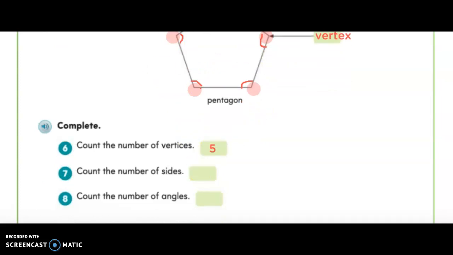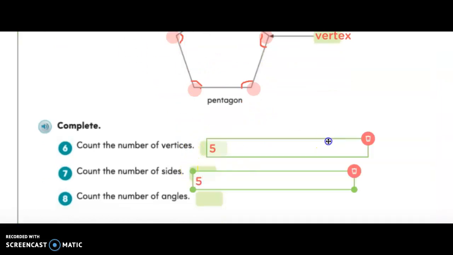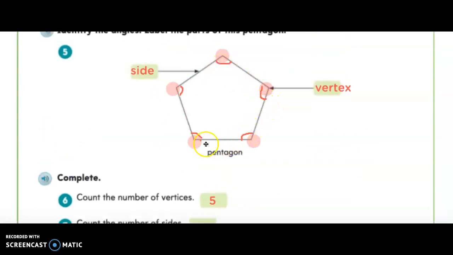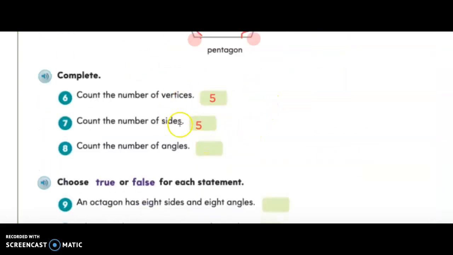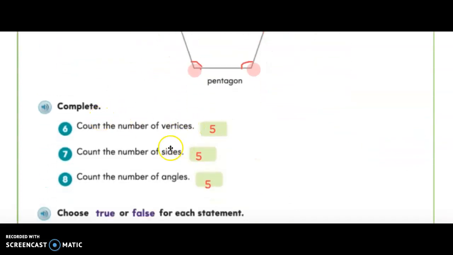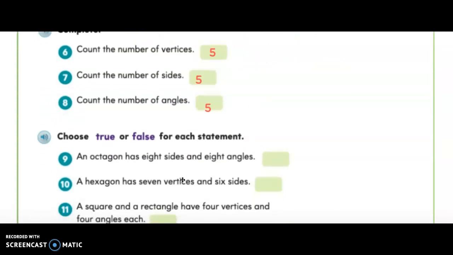So 5 sides. And then our number of angles, we can go back and count those. There was 1, 2, 3, 4, 5. So I hope by now that you are noticing that a 5-sided figure has 5 vertices, 5 sides, and 5 angles.